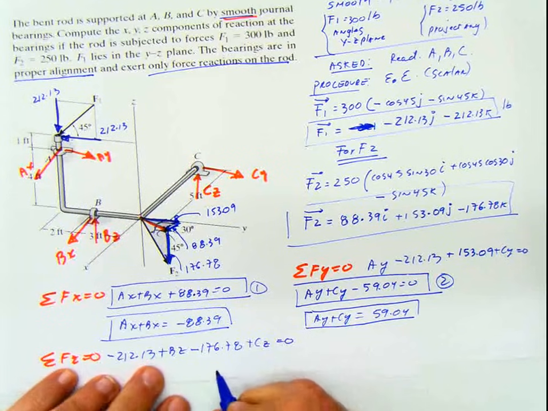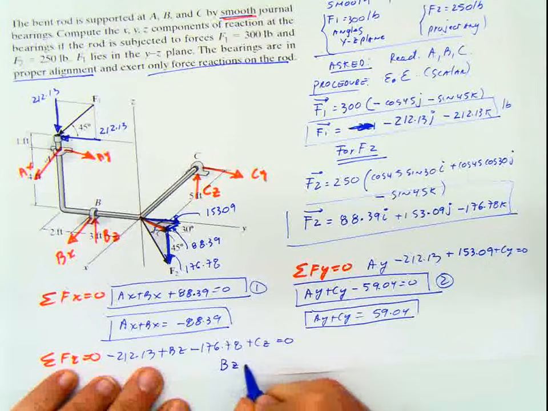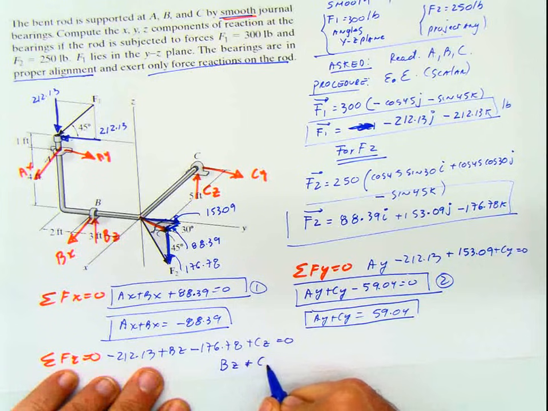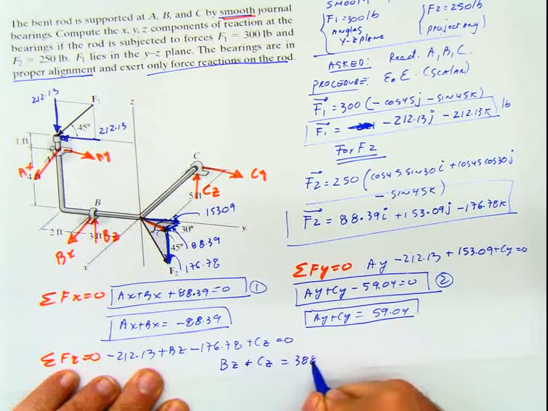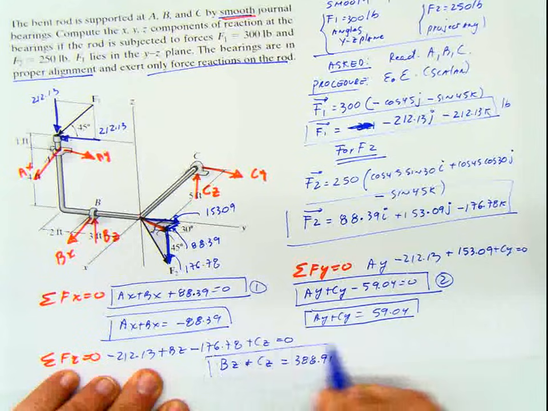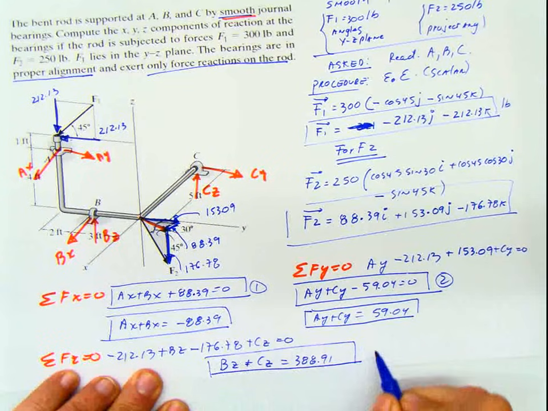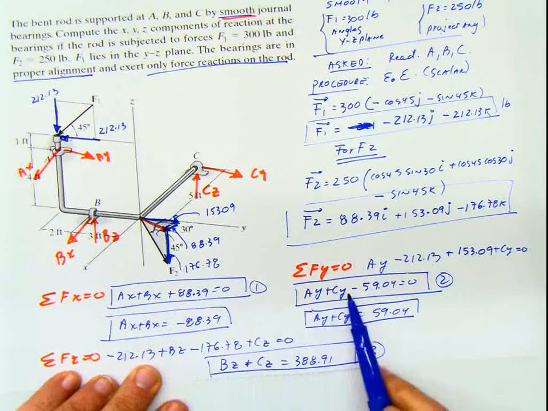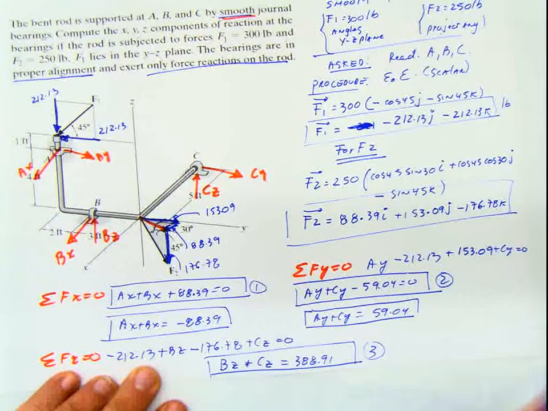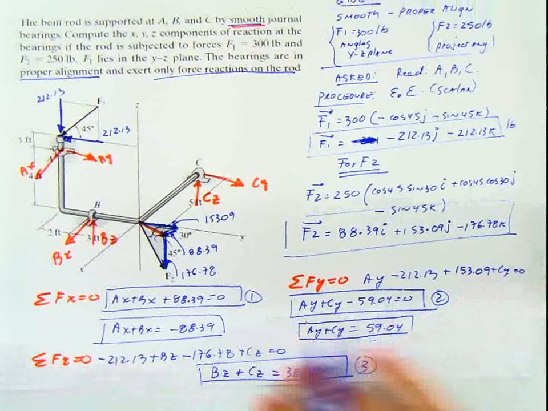And from here I can get another equation, which is BZ plus CZ equals 388.91, and that would be my third equation. Now the problem is, look, AX, BX, AY, CY, BZ, CZ, there's nothing that I can still work with.